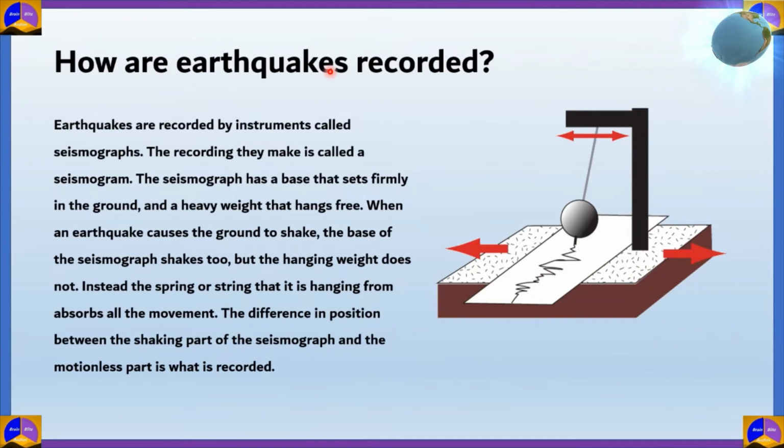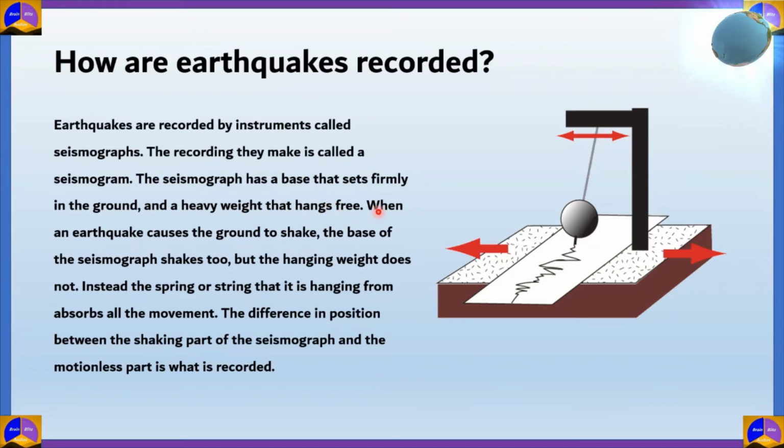Now, how do we quantitatively measure and record earthquakes? Earthquakes are recorded by instruments that we call seismographs, and the recording that they make is called a seismogram. The seismograph is basically a bob attached to a base that is set firmly on the ground, and the heavy weight on it hangs free.